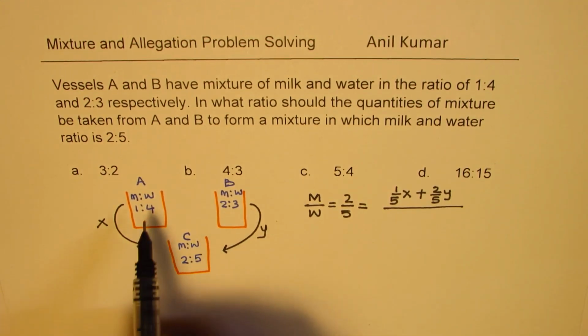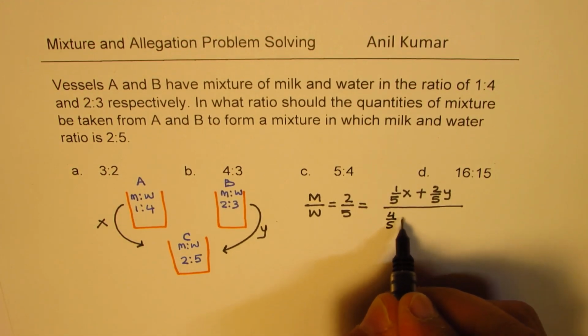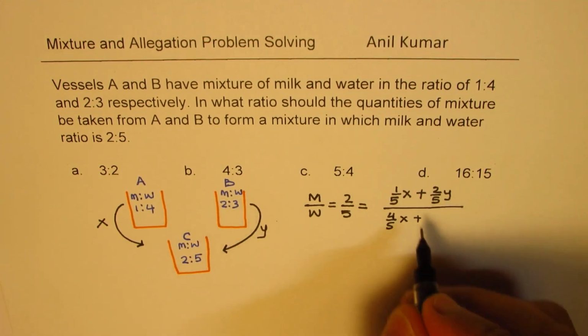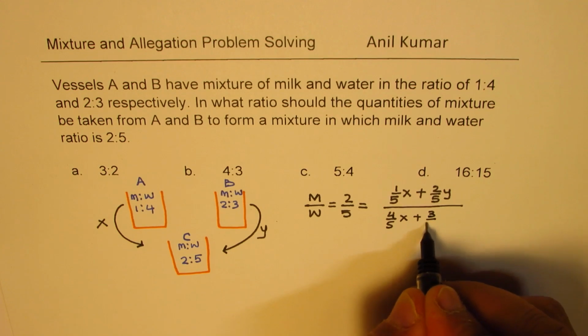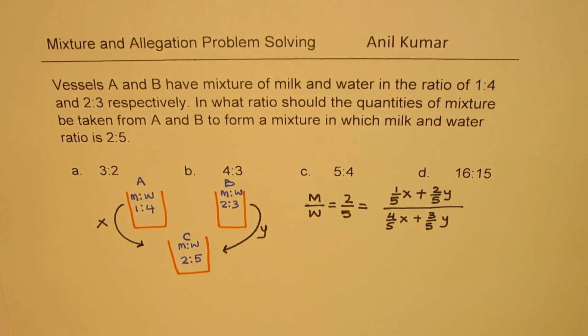As far as the water is concerned, it is 4/5 of x and 3/5 of y. So that becomes the ratio of milk and water.